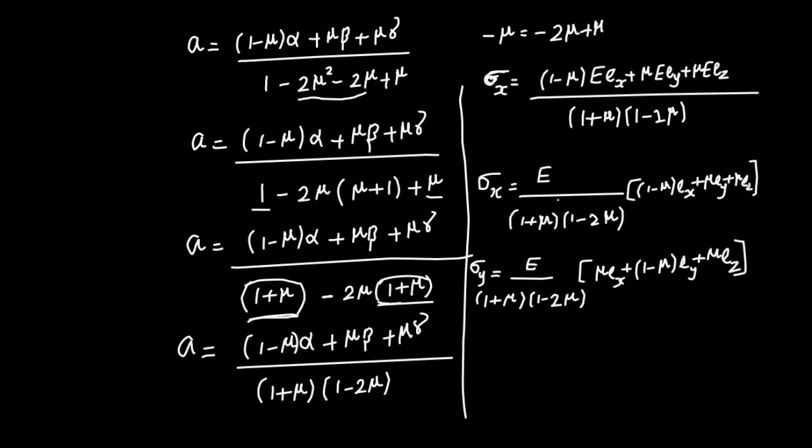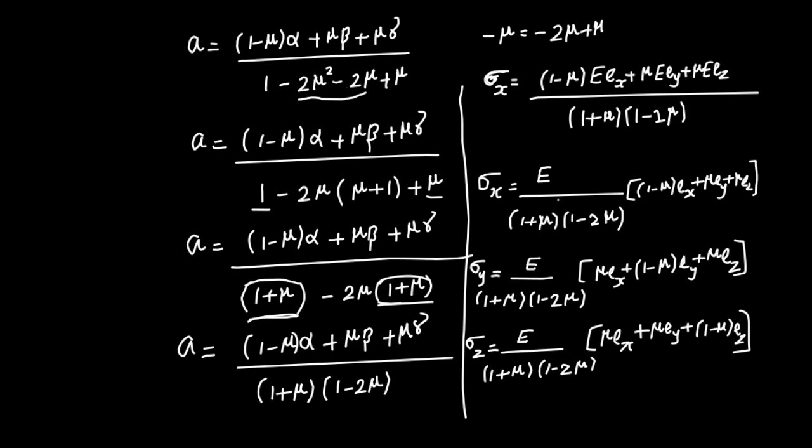I can write the value of sigma z as capital E divided by 1 plus mu into 1 minus 2 mu, into mu into Ex plus mu into Ey plus 1 minus mu into Ez. So I have got the values of sigma x, sigma y, sigma z.